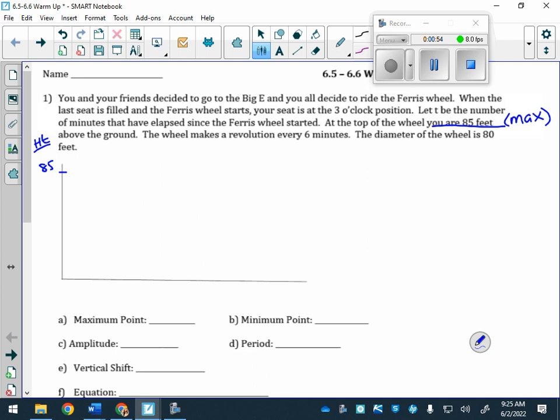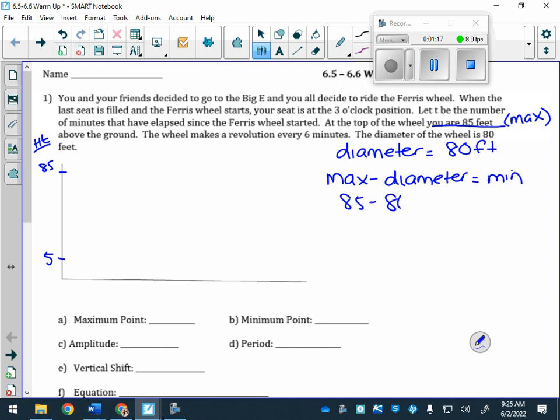Why? Good. So the diameter is 80 feet, right? And if the maximum is 85, the max minus the diameter gives you the min. So 85 minus 80 gives you the 5 feet for the minimum.